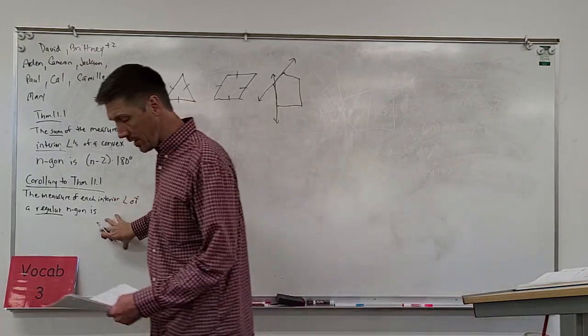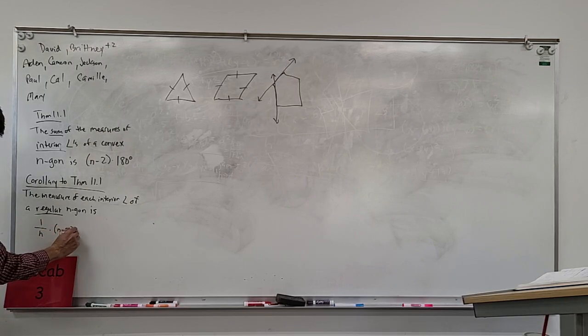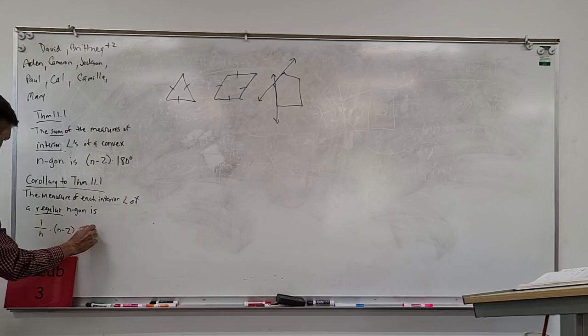So for a regular n-gon, since all the angles are the same measurement, we can simply, because of this theorem here, say that the measure of an individual angle is 1 divided by n times n minus 2 times 180 degrees.